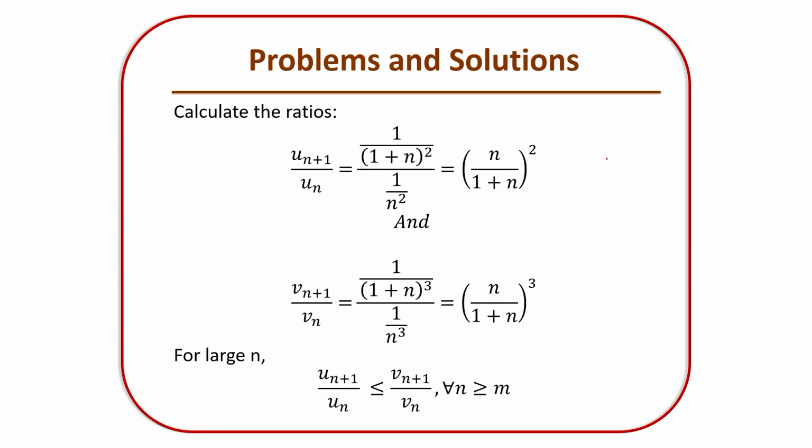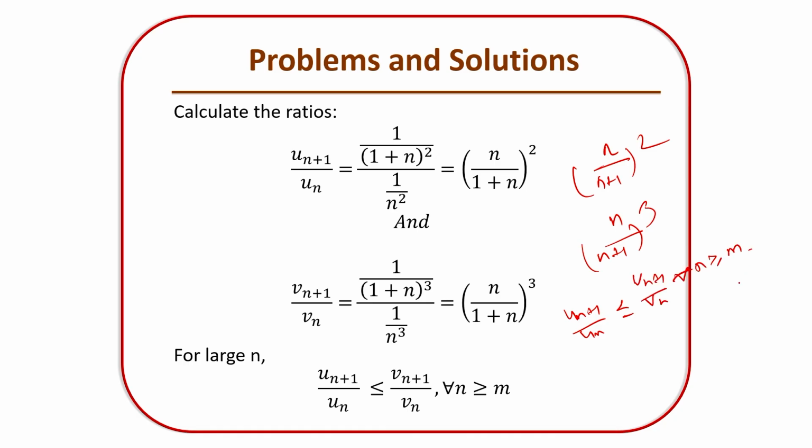So this will come out to be n divided by n plus 1 whole square, right? And vn plus 1 by vn is n divided by n plus 1 whole cube. Now un plus 1 by un is obviously less than vn plus 1 divided by vn for every n greater than or equal to m. I mean taking n as a very large number, this will be true, right?